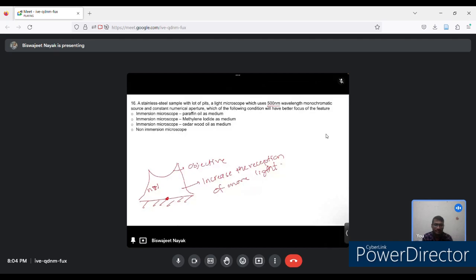So methylene iodide has the highest refractive index, for which this condition will give us a better focus of the feature.